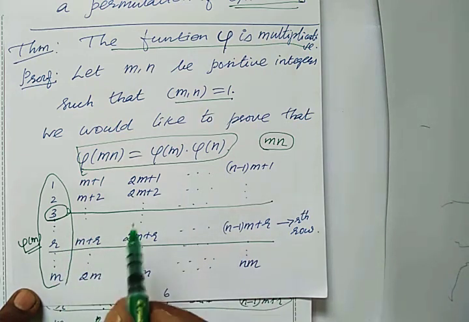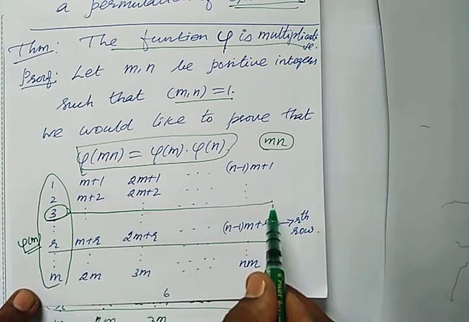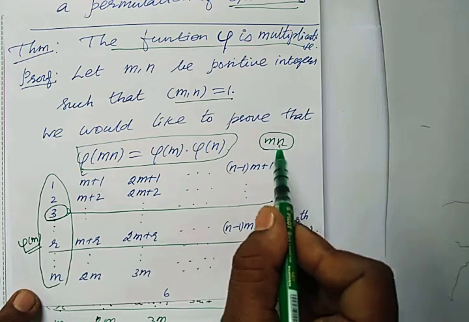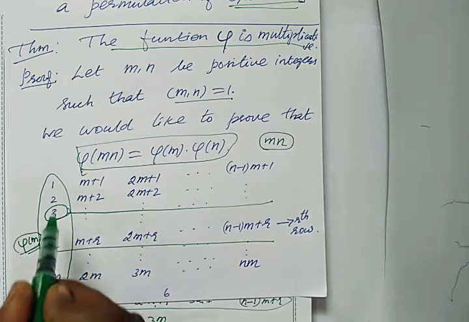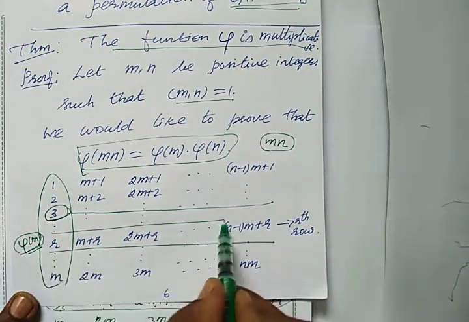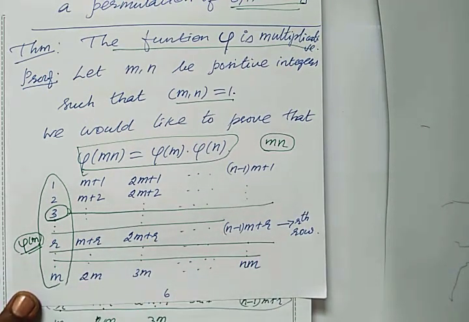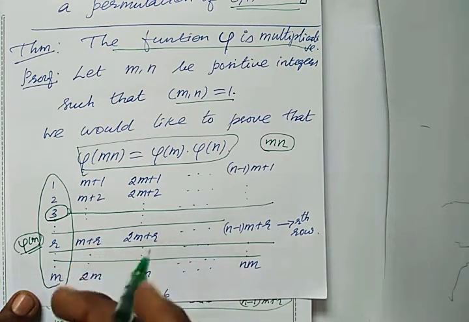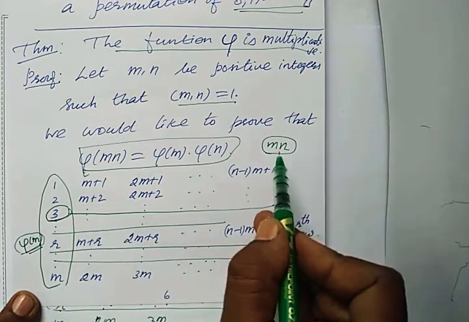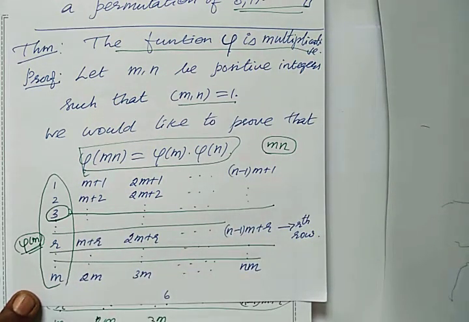Also, this entire row will not be relatively prime with mn. So in the first column, excluding phi of m rows, we are striking off the rest of the rows, because the integers in those rows are not relatively prime with mn.